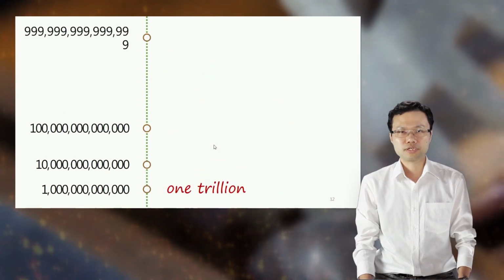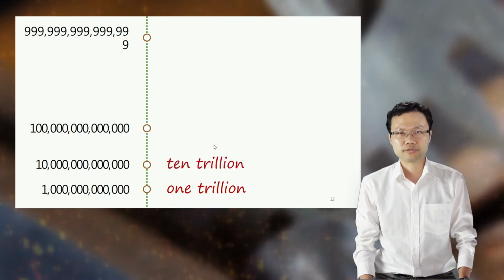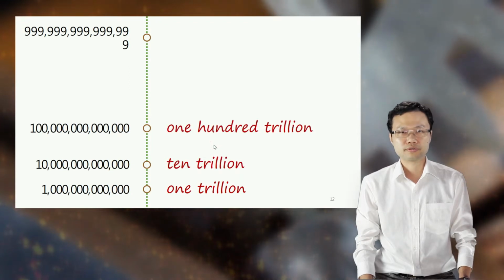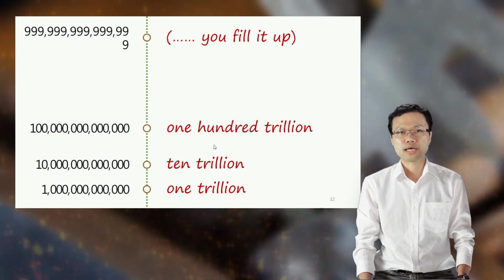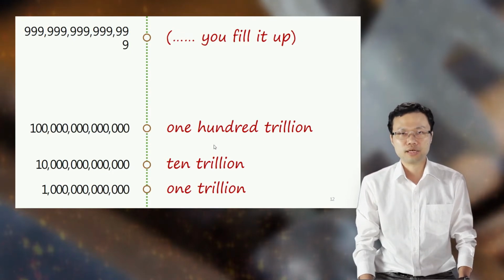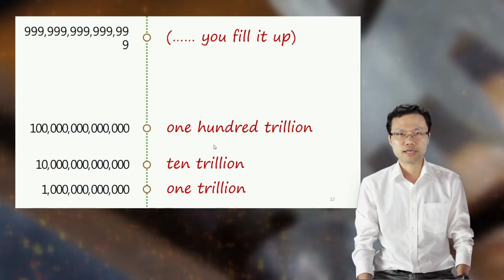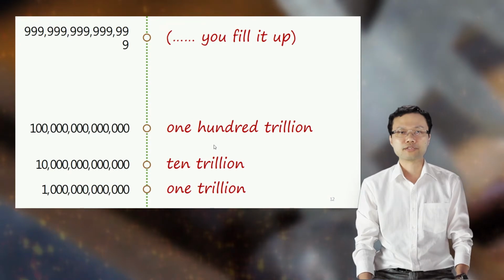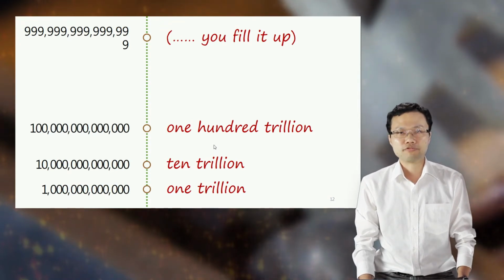Numbers of 13 to 15 digits are counted by trillion, from 1 trillion to 10 trillion to 100 trillion up to 999 trillion, 999 billion, 999,999,999. This is already a very, very large number.